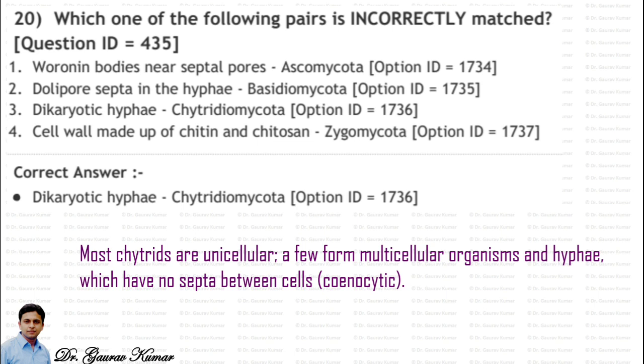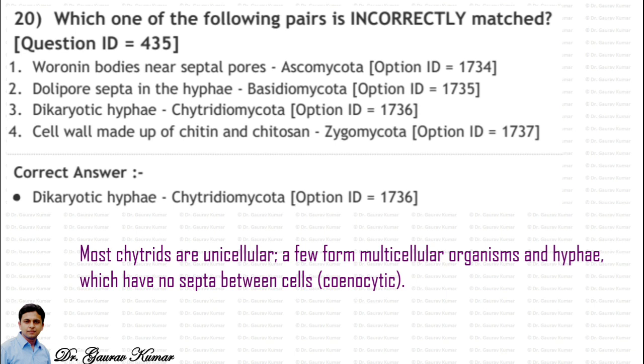A few form multicellular organisms and hyphae which have no septa between cells, so they are coenocytic. So dikaryotic hyphae are generally not present in Chytridiomycota, and the other 3 options are correct. Please read them properly so that you will come to know that only this third option is wrong, and the first, second and fourth are correct. Just read them, absorb them, digest them, whatever you can do.